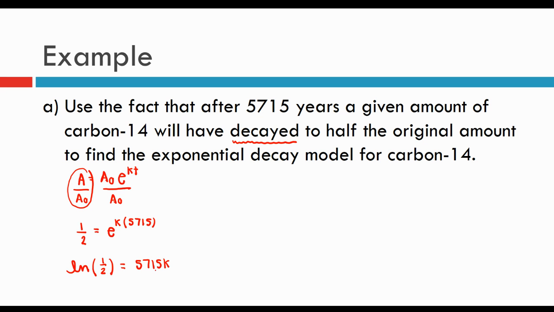Then I'm going to divide both sides by 5,715, and that's going to get me a k value. It's going to be pretty small, but notice when you divide, you should get a negative: negative 0.000121. So super small, but negative because we are decaying.